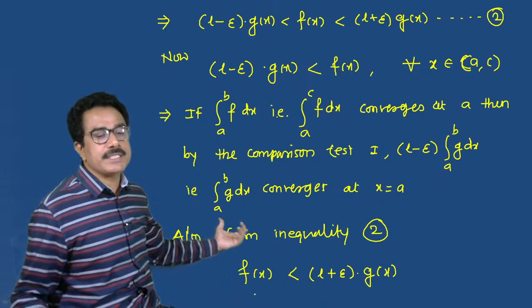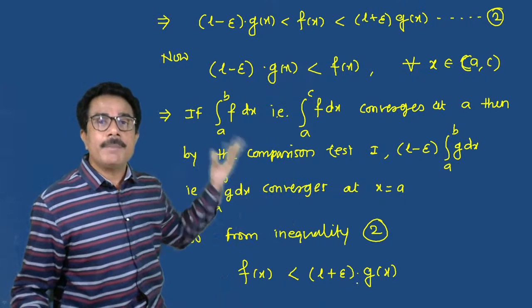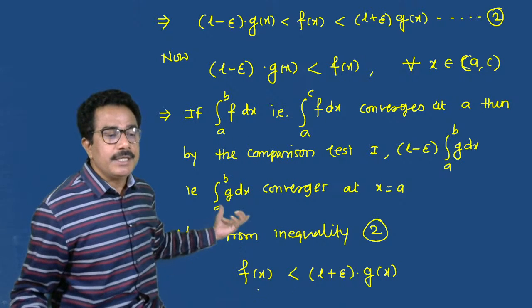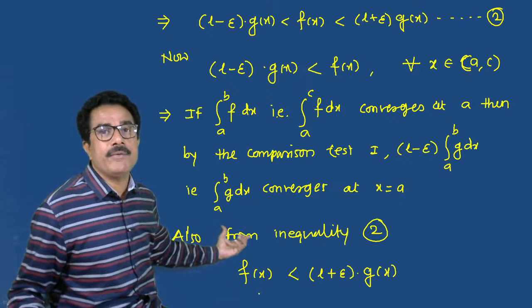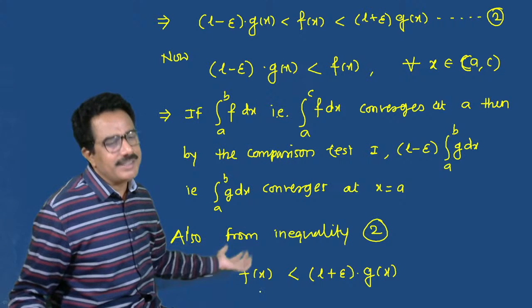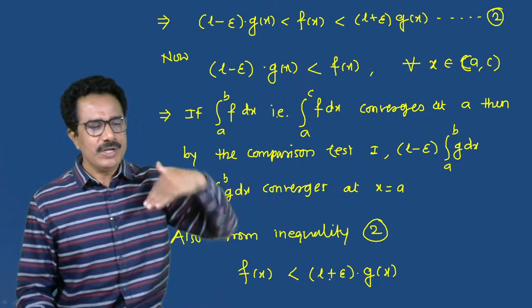Here f of x is less than g of x. Then by the comparison test first, if f of x is divergent, then g of x is also divergent.